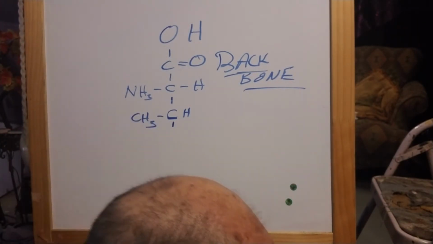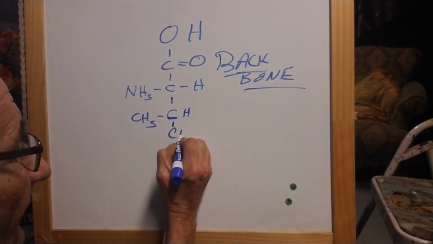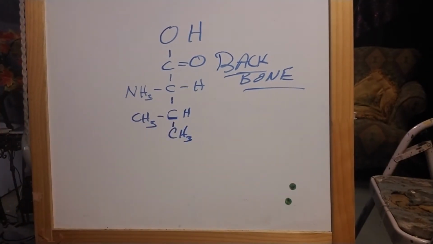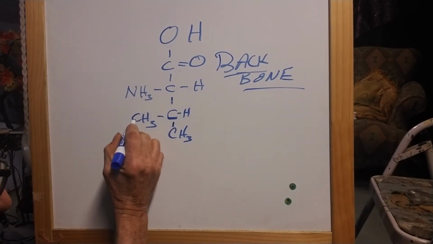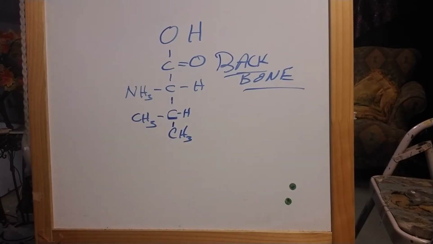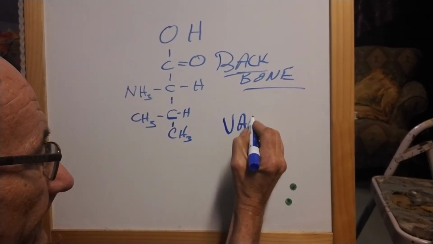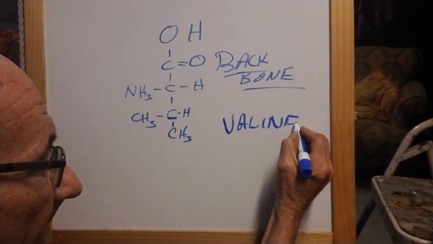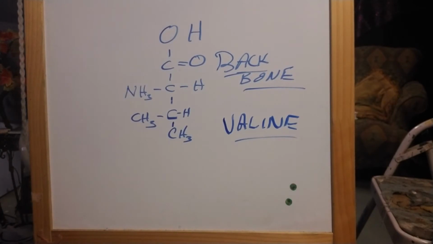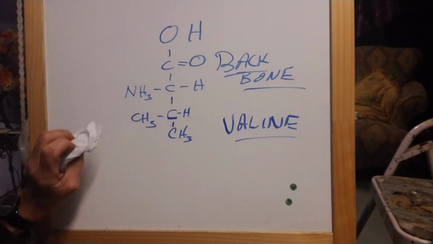CH, another CH3. Okay? Now, envision this as a carbon with three hydrogens around a carbon with three hydrogens around it. Now, it's starting to get a little more complicated, isn't it? This is valine, and it is an essential amino acid. Eggs have a lot of this.